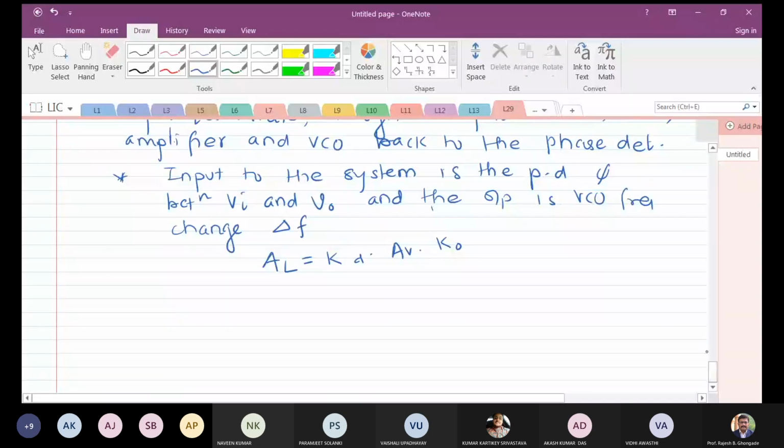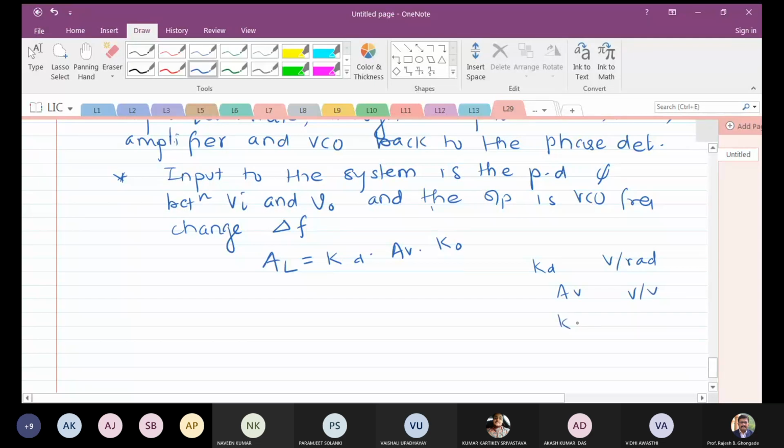What is KD? We already have seen, KD is the phase detector sensitivity. AV is the voltage gain of the amplifier. So what are the units of KD? Units of KD are volts per radian. AV doesn't have any unit. It's volts per volt, so it's unitless.